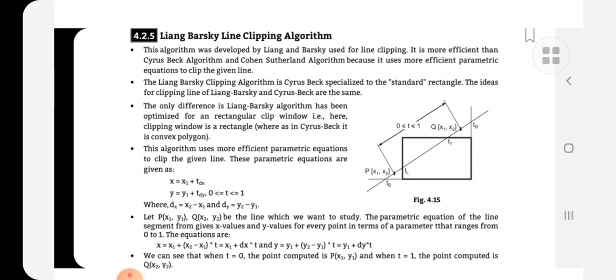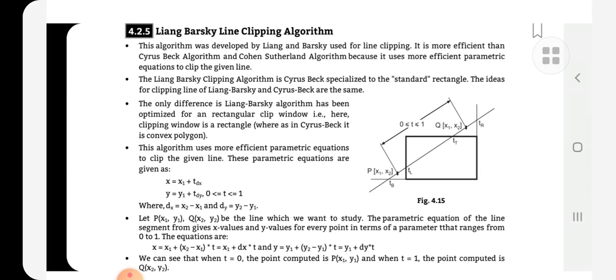This algorithm uses the parametric equations of a line and inequalities describing the range of the clipping box to determine the intersection between the line and the clipping box. With these intersections, it knows which portions of the line should be drawn.